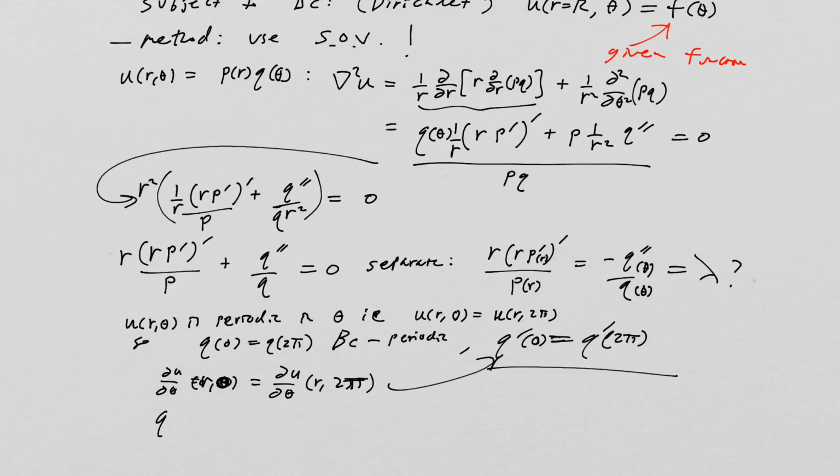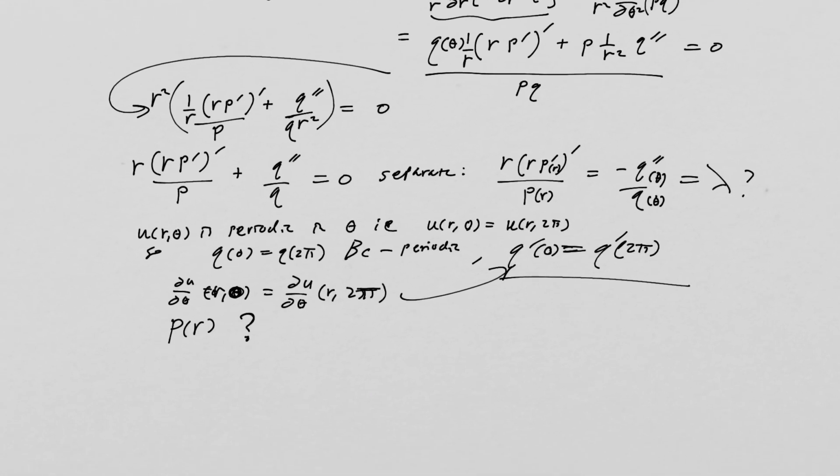But then what about P? P of r? Well, we don't really know yet, but let's see if we can figure this out. In fact, what we're going to do is first solve the P eigenfunction problem.